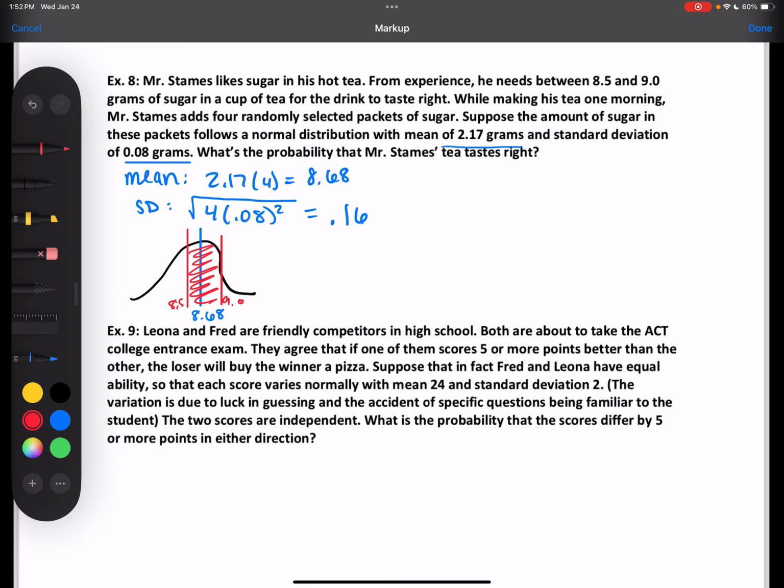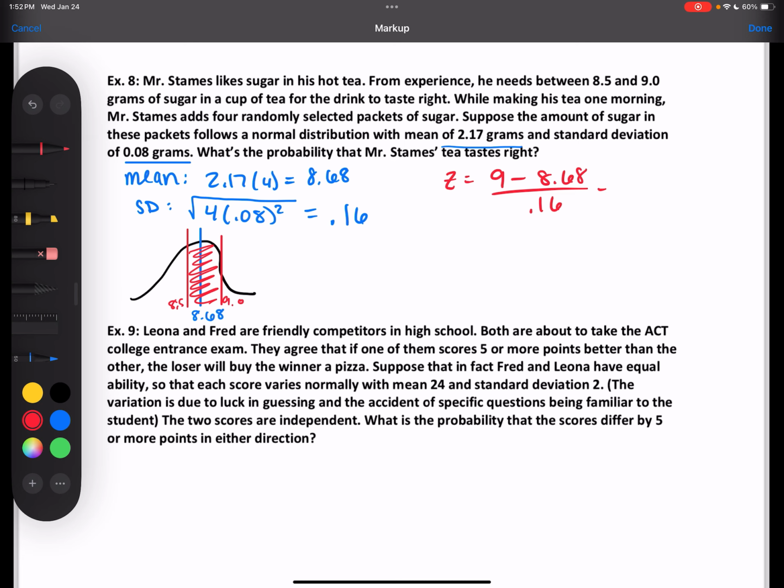So I'm going to have to do 2 z-scores. So z is equal to 9, because that's the amount he's looking for, minus 8.68 divided by 0.16.